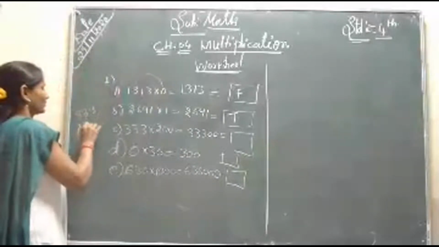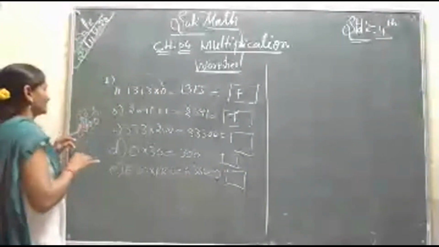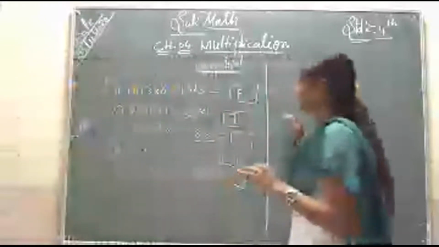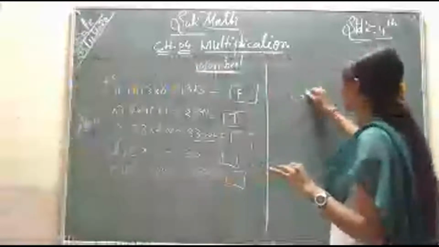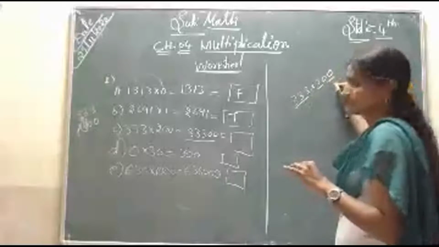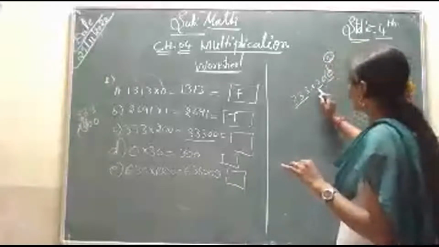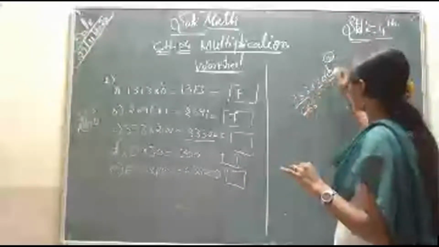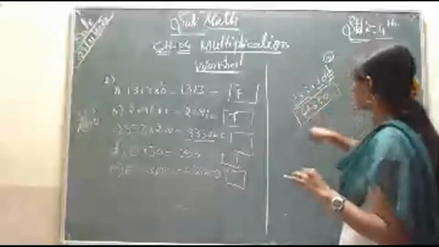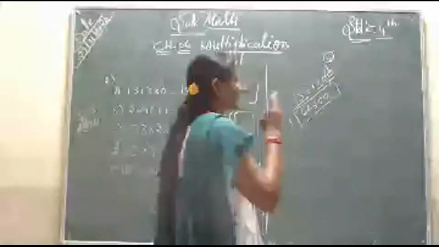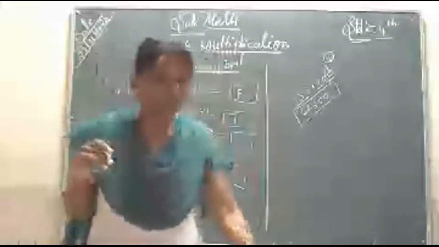333 into 200, you have to multiply. Students, I already told you the trick method. First multiply the numbers without the zeros. How many zeros are here? Two zeros. 2 into 3 is 6, 3 into 3 is 6, 3 into 3 is 6, and then two zeros, giving 66,600. Is this true or false?